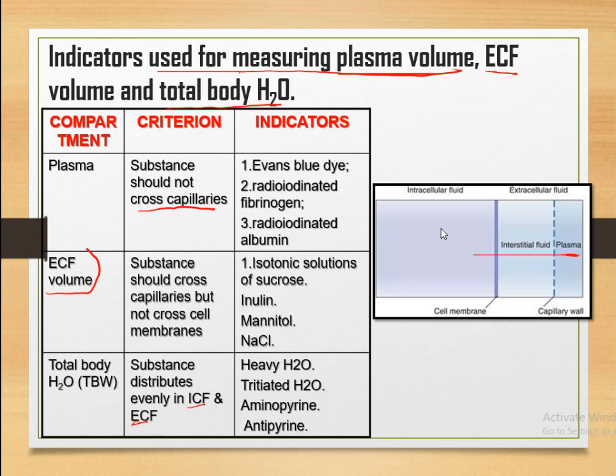That means the substance should be able to cross the membrane, so it can be distributed here, there, and there. What can you use? You can use heavy water, tritiated water, aminopyrine, and pyrene. Those are the dyes you can simply use.